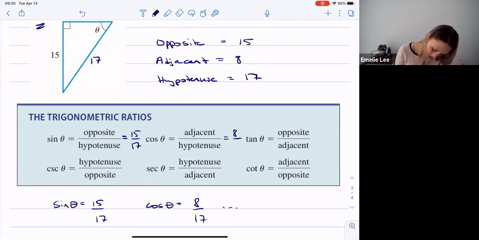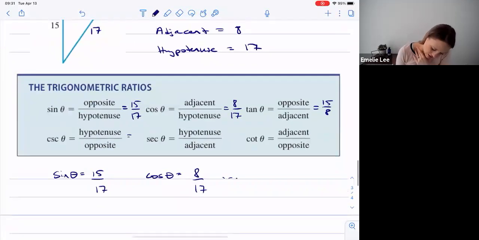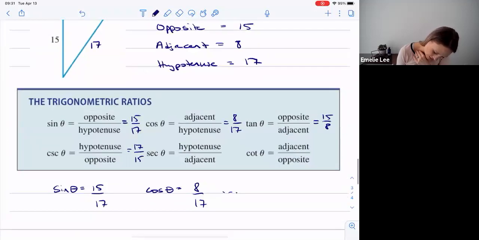Adjacent is 8 over the hypotenuse, 17. Opposite is 15 over adjacent, which is 8. Now, you can see if any of these simplify. I'd probably just leave them with the numbers that we have so it's easier to trace back, but that's up to you. Hypotenuse is 17 and the opposite is 15. Hypotenuse is 17, the adjacent is 8, and the adjacent is 8 over the opposite, which is 15.